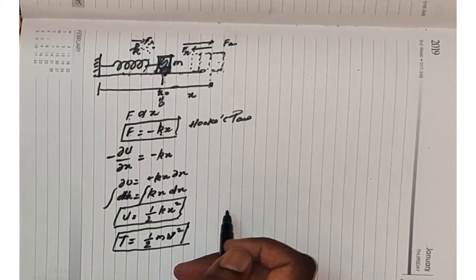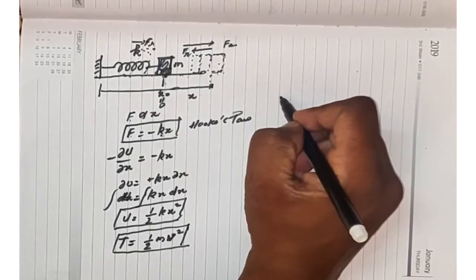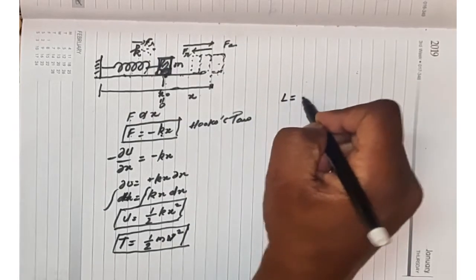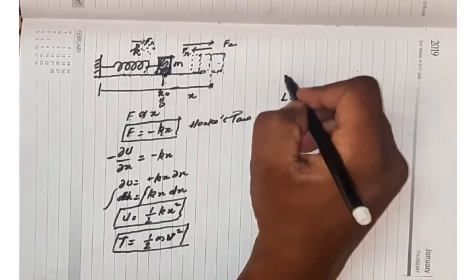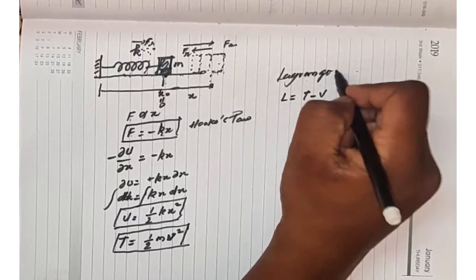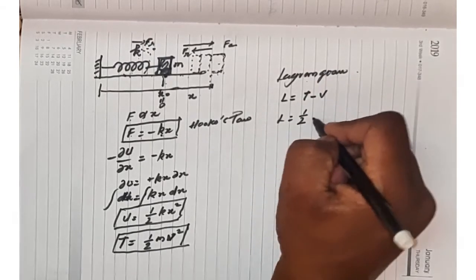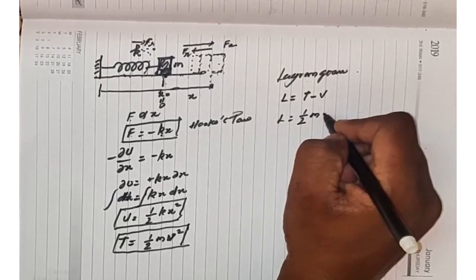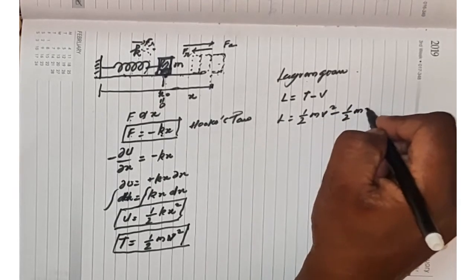Now, to find the equation of motion, we just have to write the Lagrangian. From classical mechanics, we know the Lagrangian is the kinetic energy minus the potential energy. So the Lagrangian equals kinetic energy, half m v square, minus potential energy, half m x square.